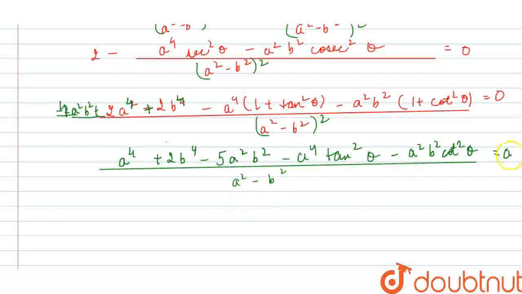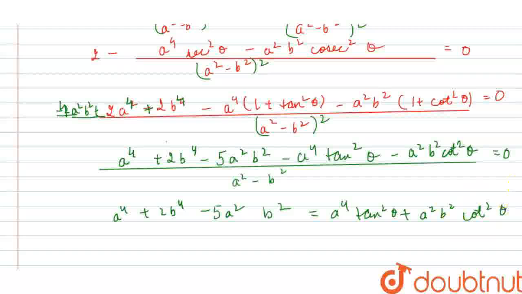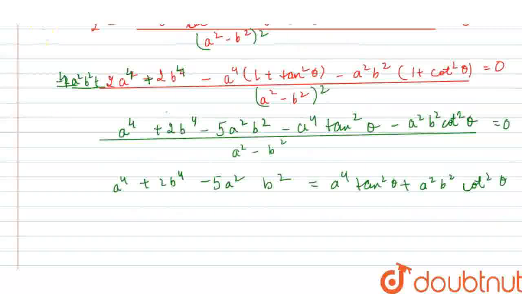This will be lost after multiplying here. It will be 0. We are only left with the numerator. So I'm rearranging it like a raised to the power 4 plus 2b raised to the power 4 minus 5a square b square is equal to a raised to the power 4 tan square theta plus a square b square cot square theta.